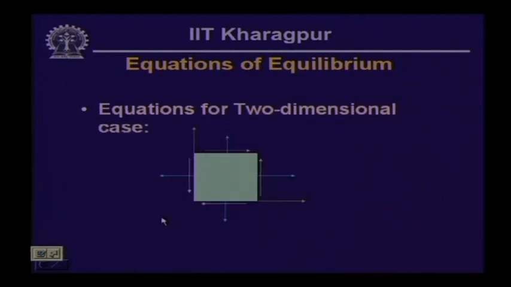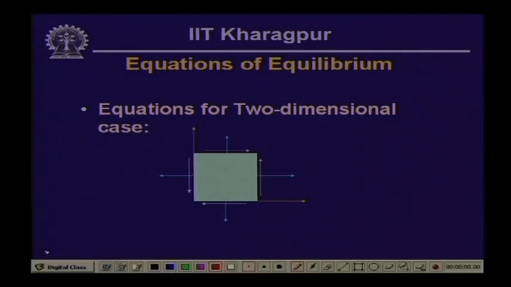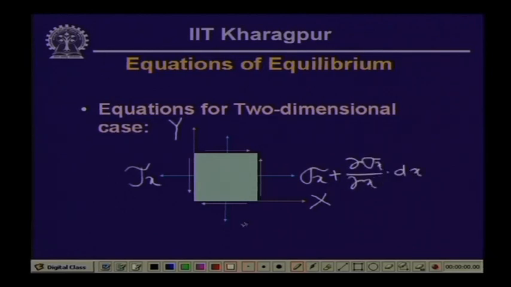Now, these equations of equilibrium can be written down in a two-dimensional form as well. As usual, if we designate this in the x y plane, here we have x, here we have y, this is sigma x, and the variation along x is sigma x plus del sigma x del x over the length dx, where this is length dx and this is dy.